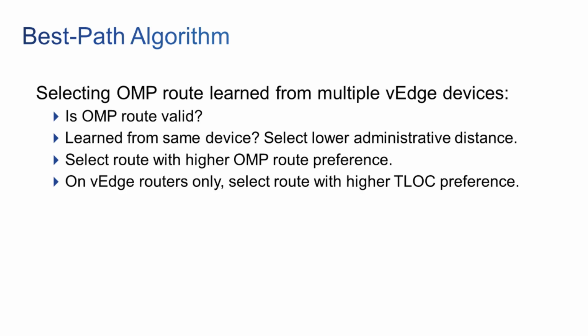All right. Now, if the origin type is the same, OMP will choose the route that has the lower origin metric. All right, again, those metrics are going to be carried over from the protocols. On our vEdge routers, if the origin types are the same, we select the route from the vEdge router that has the higher router ID.